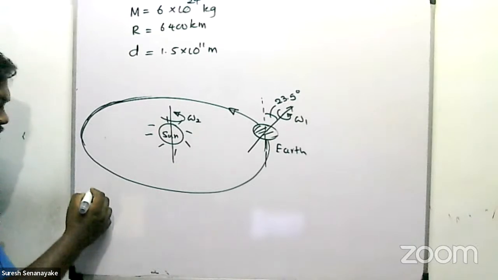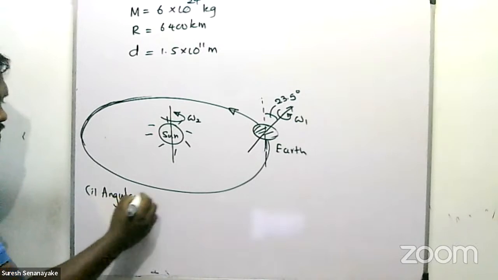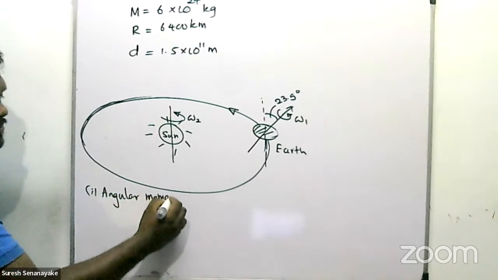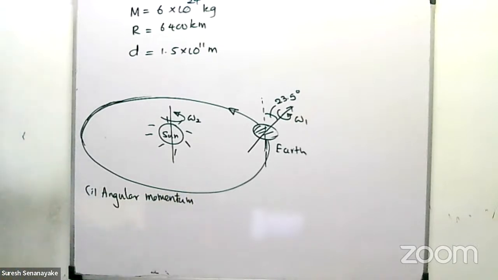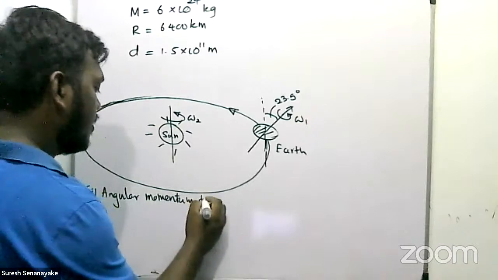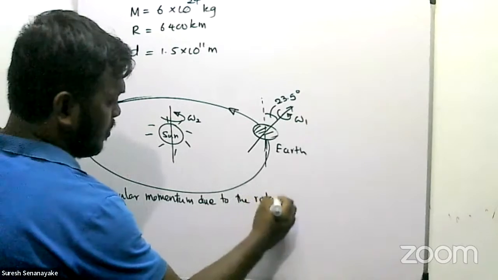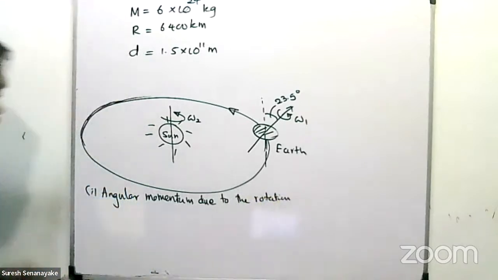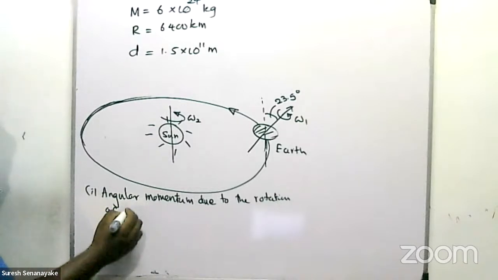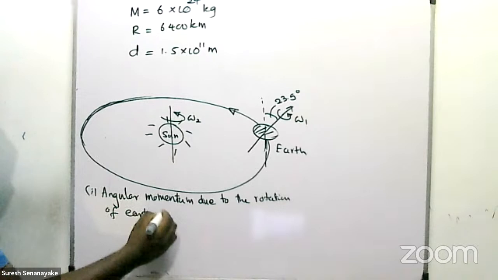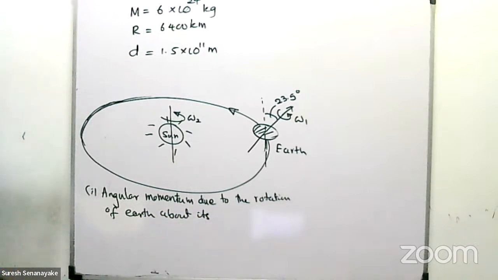So I'll consider the first one: the angular momentum due to the rotation of the Earth about its axis.